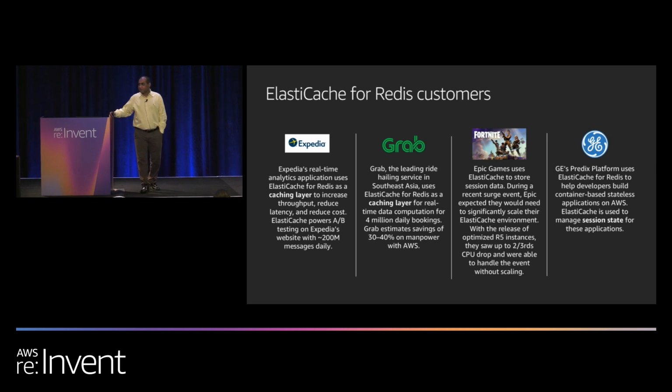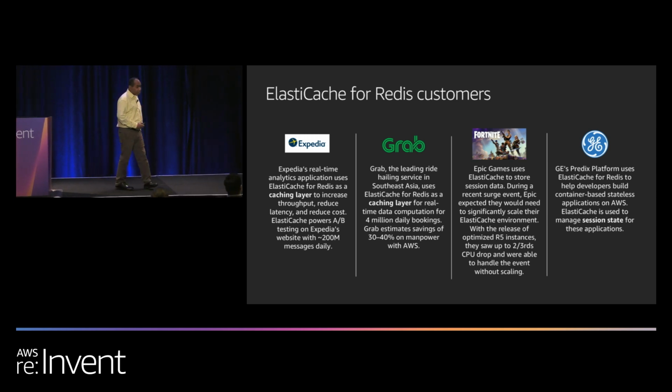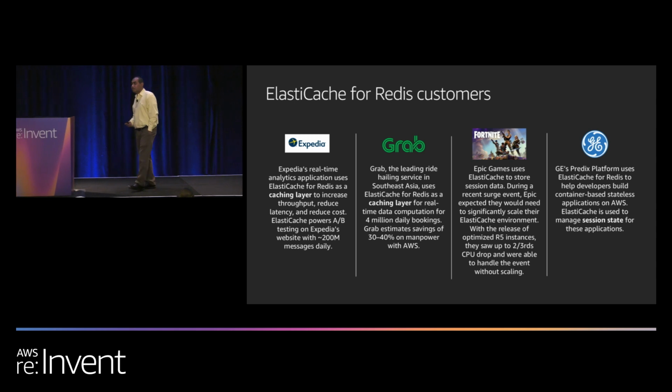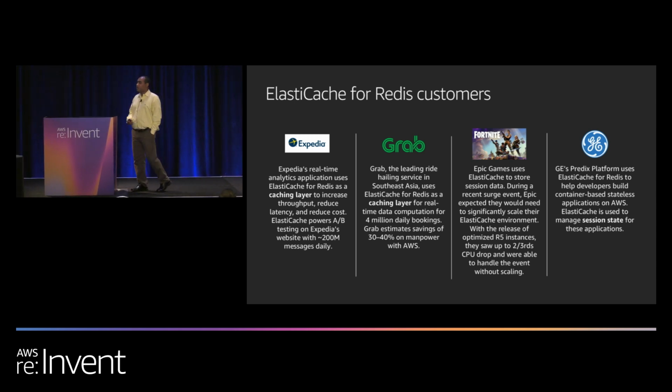Everybody knows Fortnite. Probably somebody in your family plays that game. Epic Games, which is the producer of Fortnite, uses ElastiCache as well for session store. You're nodding, so probably a few folks using Fortnite. GE. GE is an interesting use case, particularly the GE prediction platform.